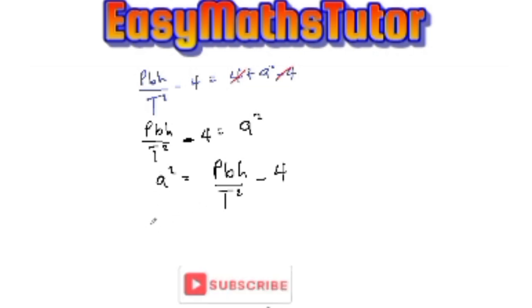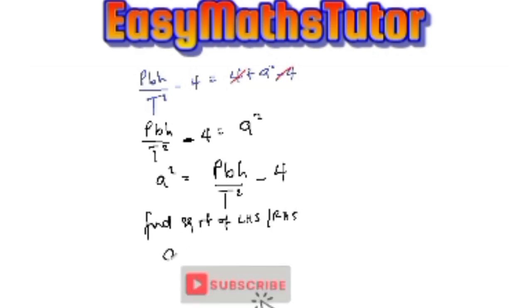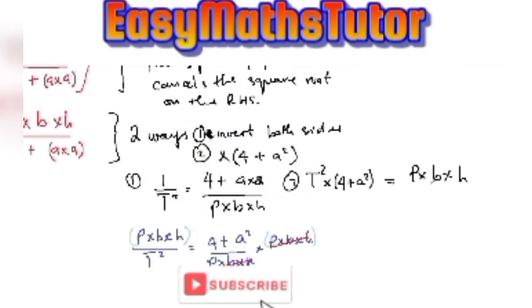So therefore, we're going to find the square root of both sides, giving us the square root of a square as a, and the square root of pbh over t square minus 4. And that is the answer for that problem.